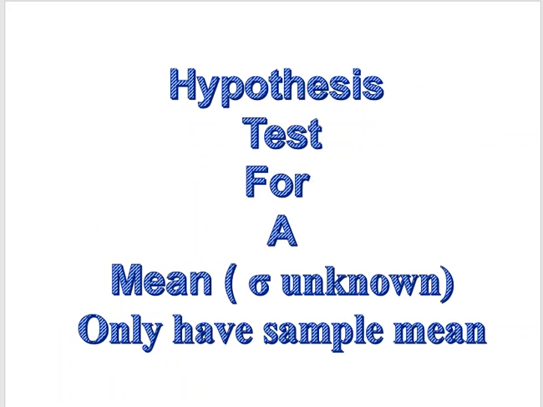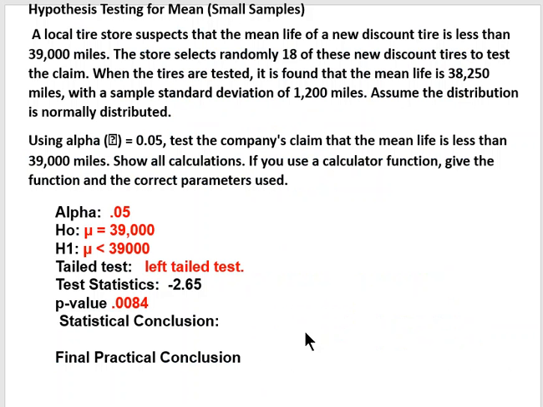Now, let's take a look at a mean where sigma is unknown. Here's a problem. A local tire store suspects the mean life of new discount tires is less than 39,000 miles. The store randomly selects 18 of these new discount tires to test the claim.